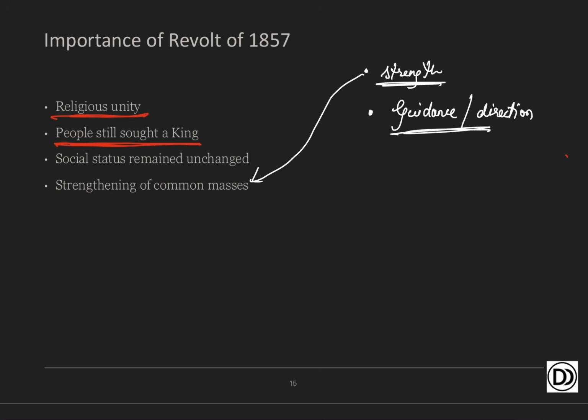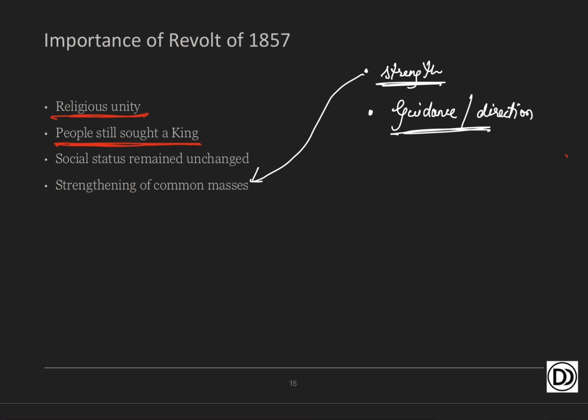No medium was established where directions could be given to different rebelling groups or different fighting kings. They had no plan on how to fight with coordination. These different kings were not able to coordinate with each other or group together to fight the British. They were all distributed, spread. They were not able to group all of their armies together.